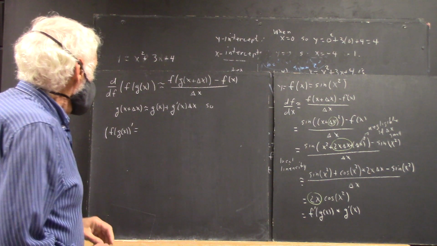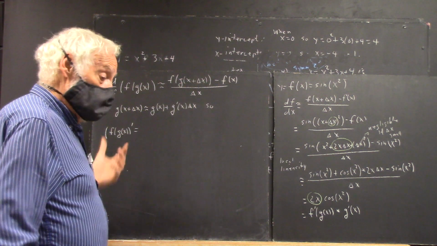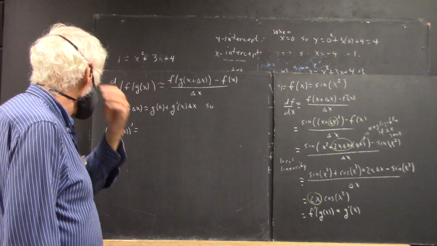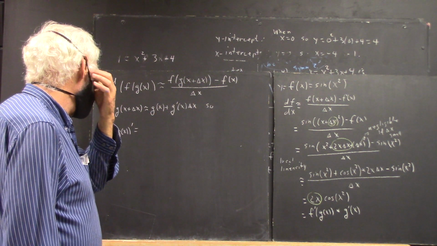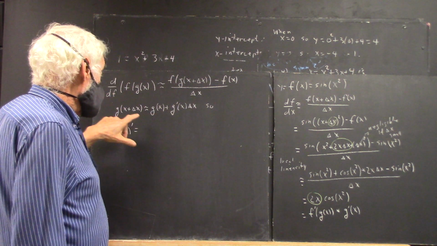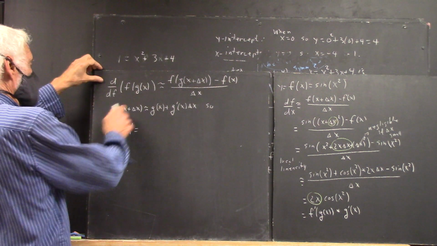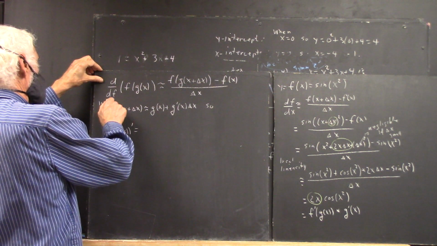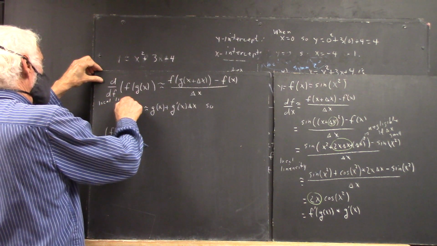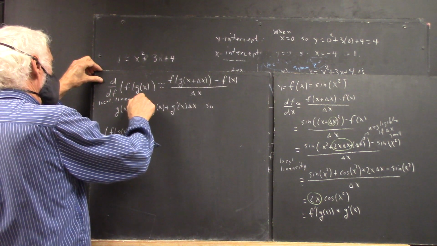Well, you could write out this definition for g of x plus delta x and show that this is so, but local linearity, which I quoted here, I'm using a little more rigorously here. At least I'm stating what it means.